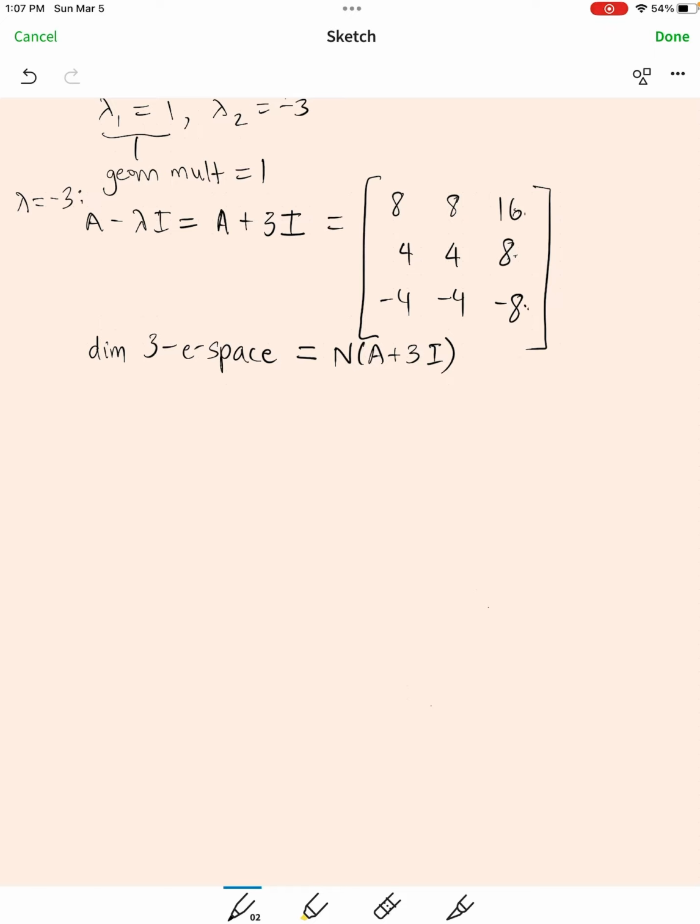And so what's the rank of this matrix? 1. Right. 1 linearly independent row, or 1 linearly independent column. And so what's the null space? Well, by rank nullity, it's 3 minus 1 is 2.